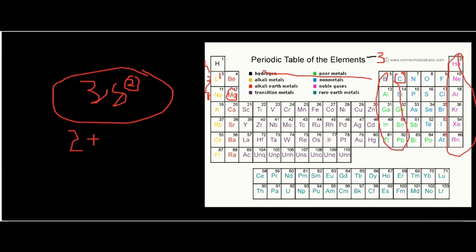Okay, look. You were like 1, 2, 3, right? So I just skip all of this, because the columns of the periodic table have similar characteristics. So if this one wants 3, then the whole column wants to do the same thing.